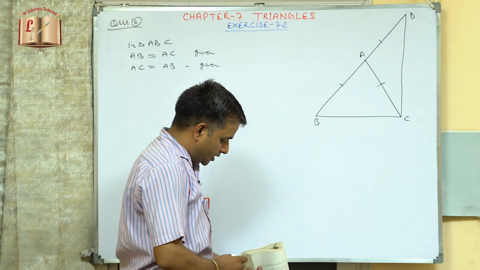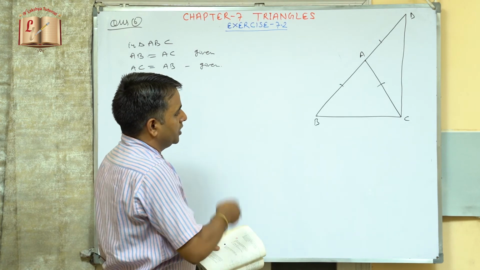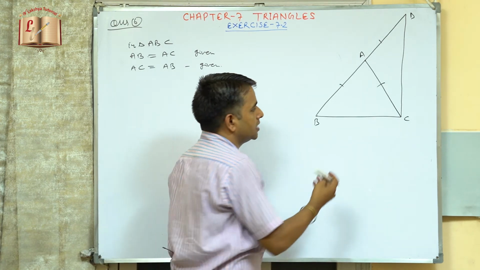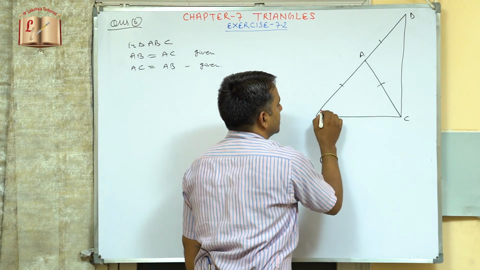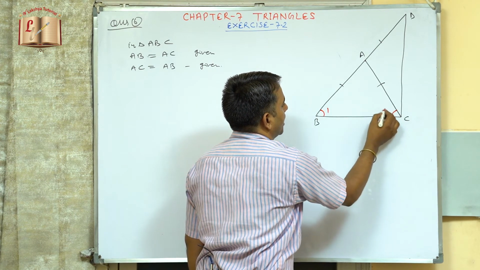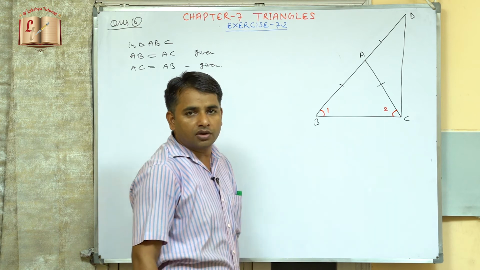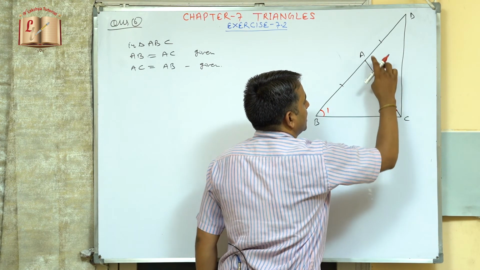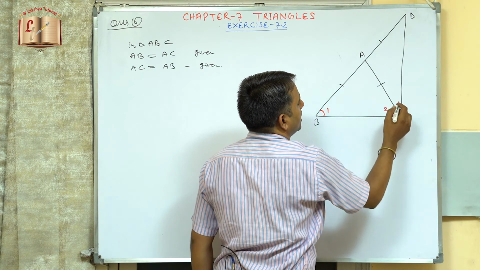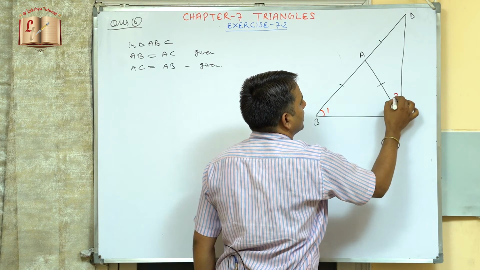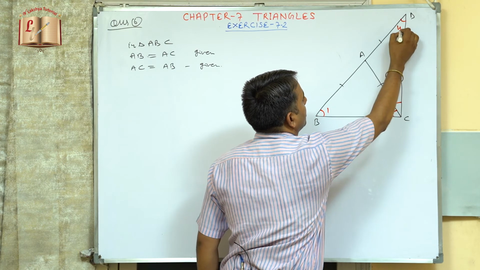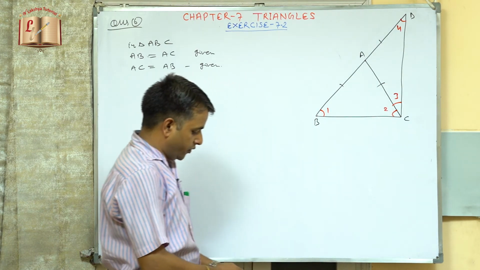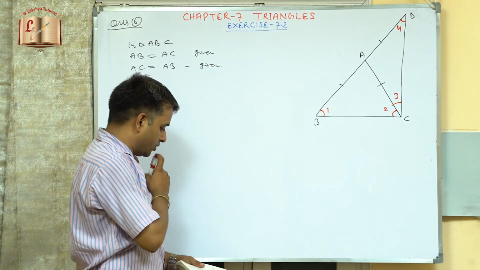Now see that in this triangle, once this side is equal to this side, it is an isosceles triangle, so angle 1 and angle 2 both have to be equal. Now coming to this triangle ACD, AC is equal to AD. So this angle 3 will be equal to angle 4. So these angles will be equal.